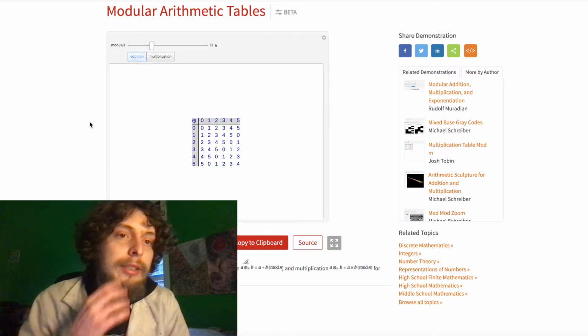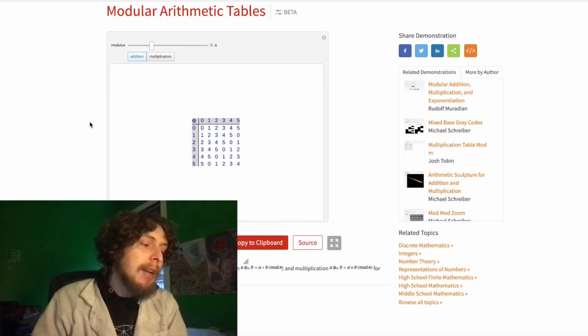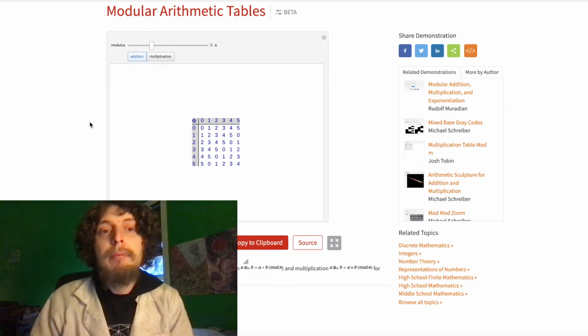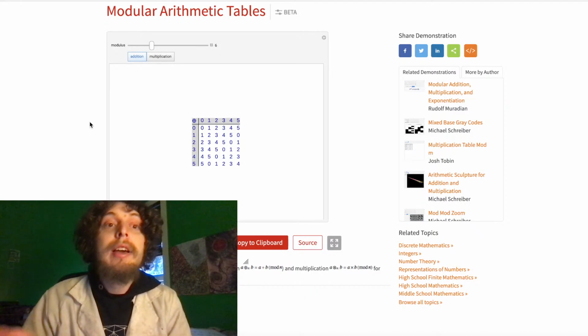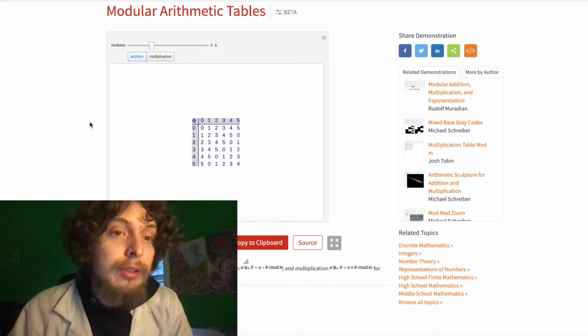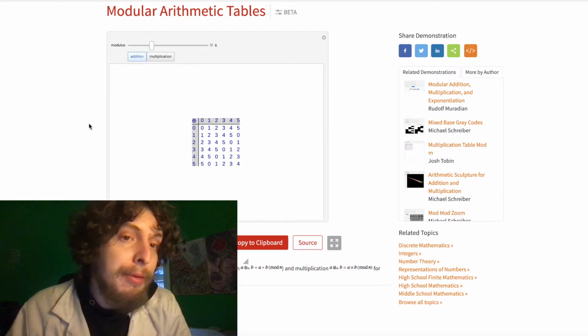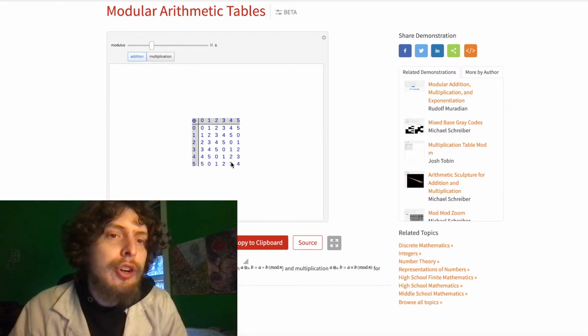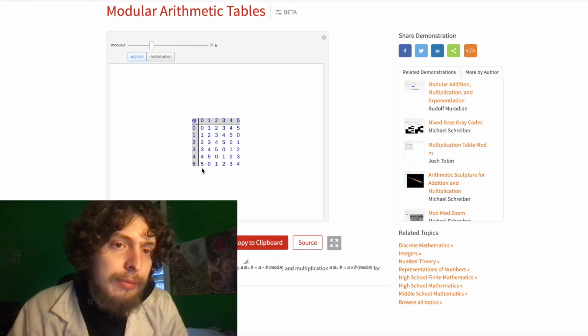Pretend these zeros are 6s. And then let's say I roll 2 6-sided dice, take the sum, but subtract 6 if it's more than 6 to put it in the range of 1 through 6. Then I would end up with this chart, but with the zeros as 6s.